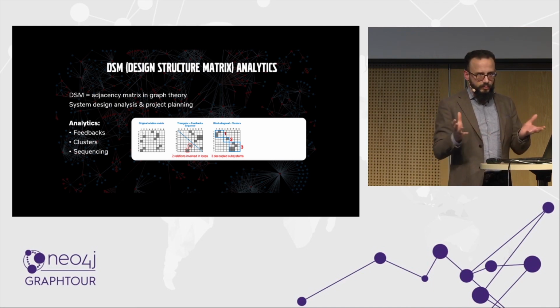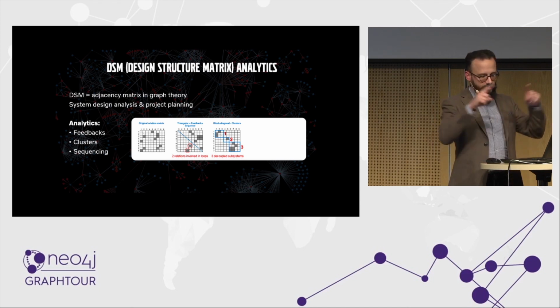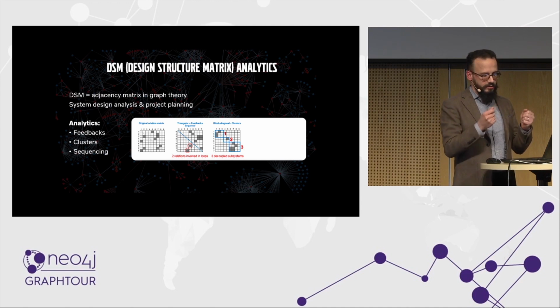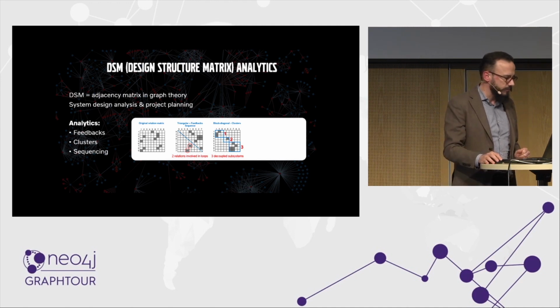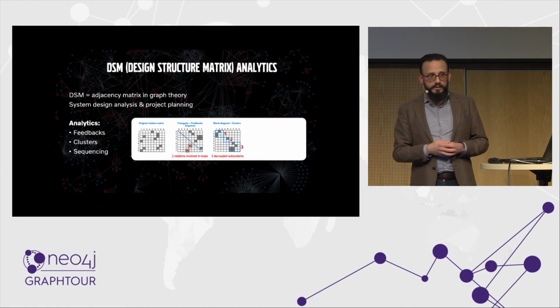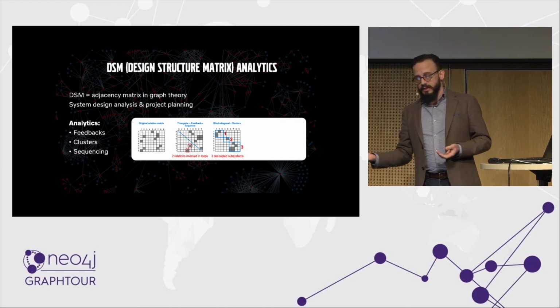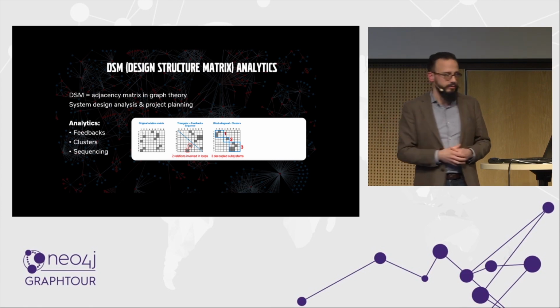You might know what it is since you all are graph people, but it's basically the representation in a matrix of your graph, of all relations between the different components in your graph. It looks like this in this example. With DSM Analytics, system engineers can get information about the quality of their system design, and project leaders can get help to organize and plan their project.